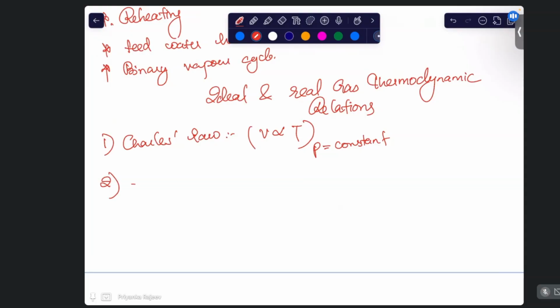Then we have got Joule's law. Joule's law states that internal energy of a given quantity of gas depends only on the temperature.